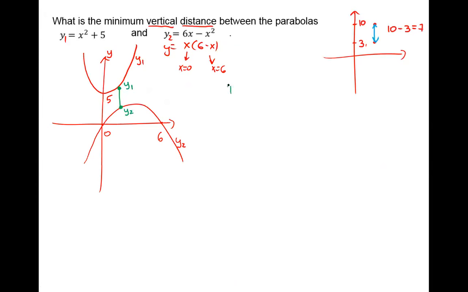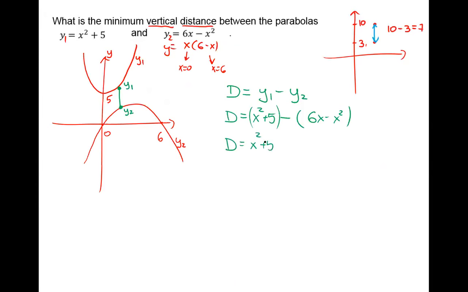That means what I have to do, I have to find a vertical distance, which will be y1 minus y2. And let's substitute: y1 is simply x squared plus 5 minus (6x minus x squared).